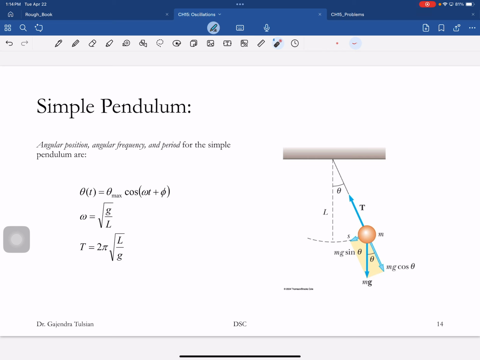If you look at old films of the moon landing, one of the first things that Armstrong did was set in motion a pendulum attached to the lunar lander. So kids watching that on TV could measure the period, they were told the length, and they could calculate the acceleration due to gravity on the moon.